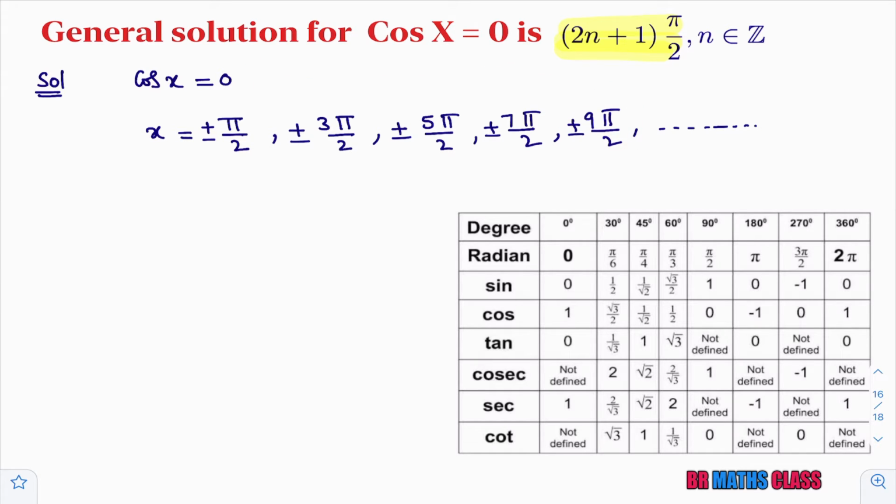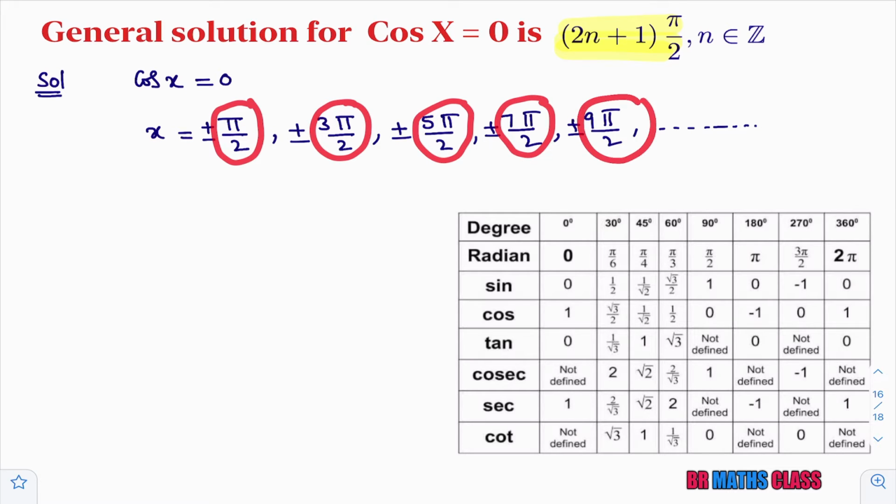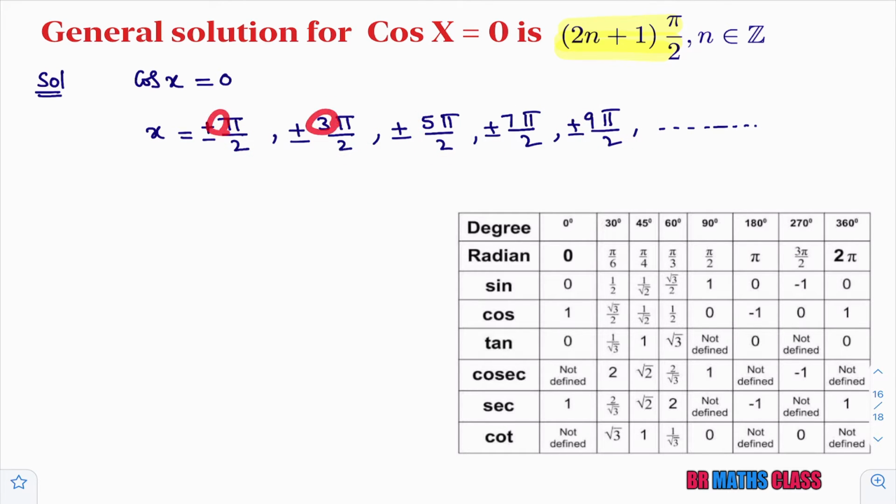If you observe the pattern, this is 1 into pi by 2, this is 3 into pi by 2, this is 5 into pi by 2, this is 7 into pi by 2, this is 9 into pi by 2. The general idea is odd number into pi by 2. As they are asking for the general solution, if we generalize all these solutions, this is odd number into pi by 2. In general, an odd number is denoted by 2n plus 1, right?